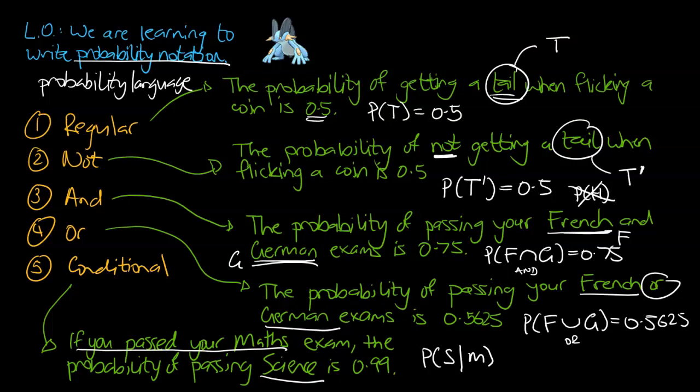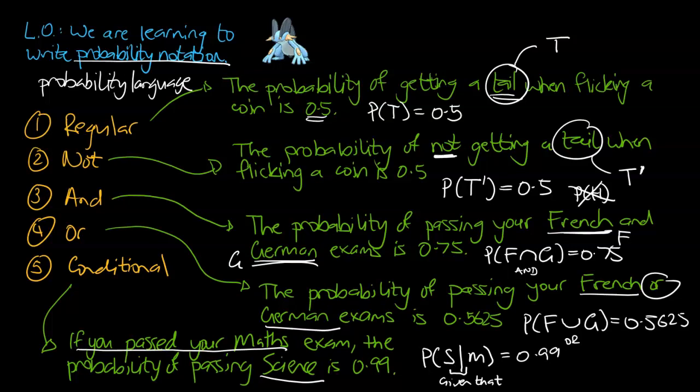So that is saying the probability of passing science given you passed maths already is equal to 0.99. And that symbol there kind of means given that. So the first one we're curious about, so we're not sure about that. But the second one, that's already happened. We know you've passed the maths exam.